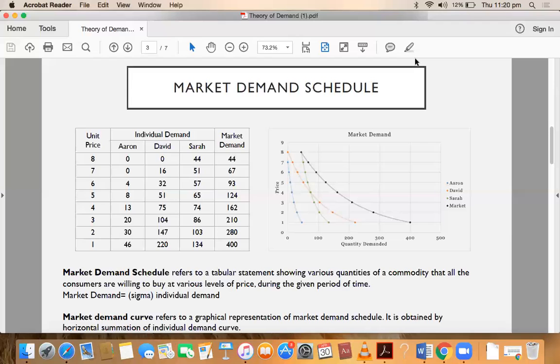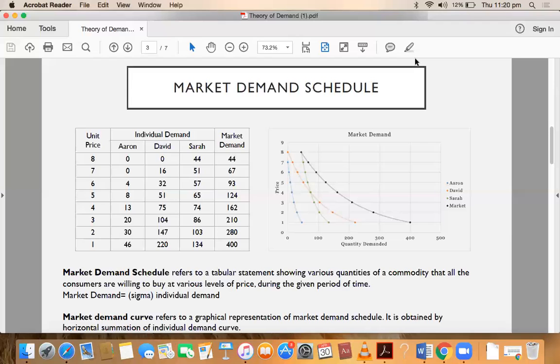Now we will see the definition, meaning of the market demand schedule. Market demand schedule refers to a tabular statement showing various quantities of a commodity that all the consumers are willing to buy at various levels of price during a given period of time. Market demand is equal to sigma individual demand.